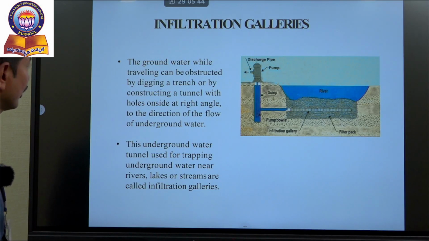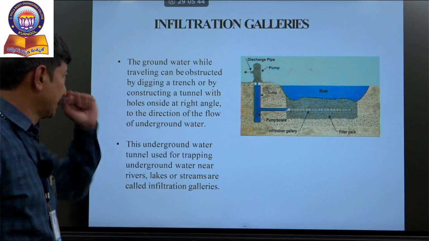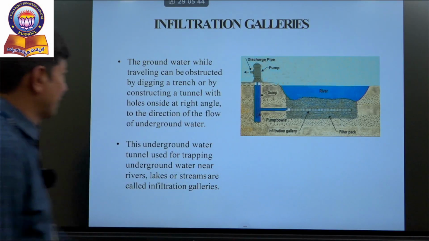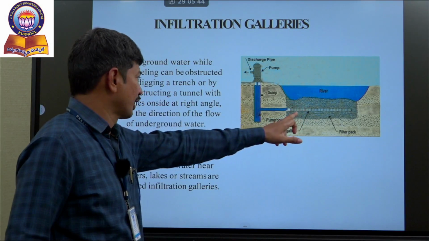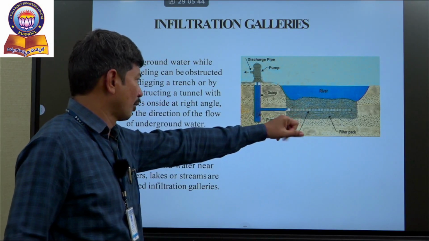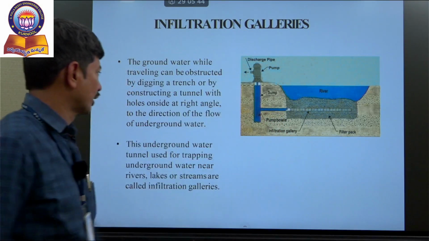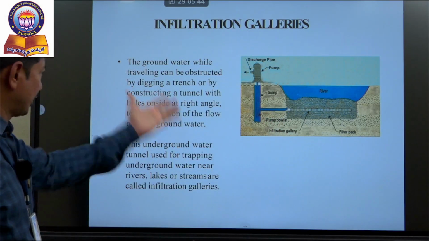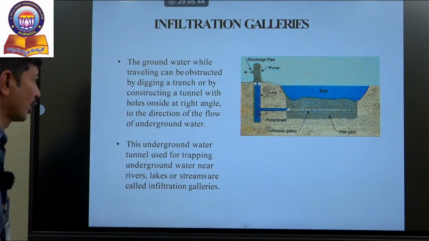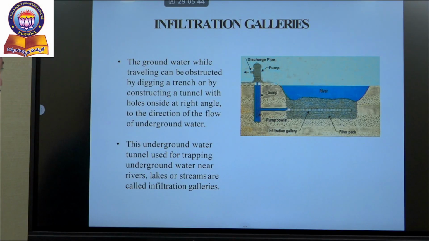From the bed, water infiltrates into open-jointed pipes and is collected, and the length may vary from 10 to 100 meters. One side is provided with a slope, and where the infiltrated water reaches the slope, a sump is constructed, from where the water is filtered and supplied to the public without any treatment.